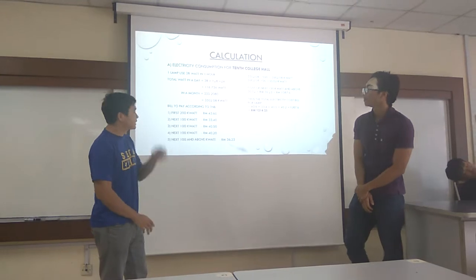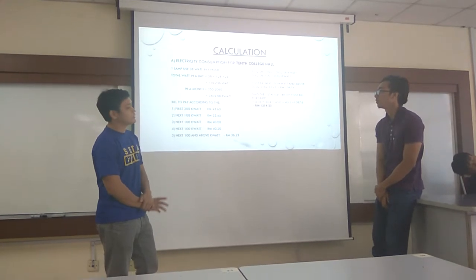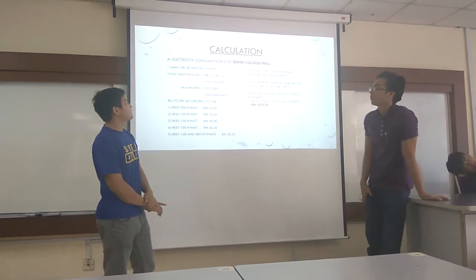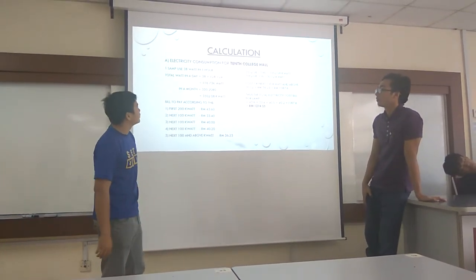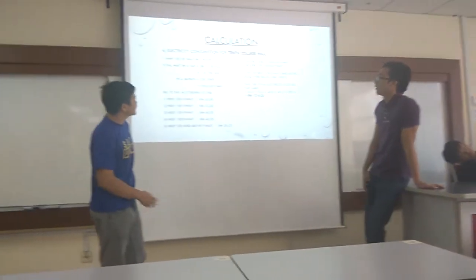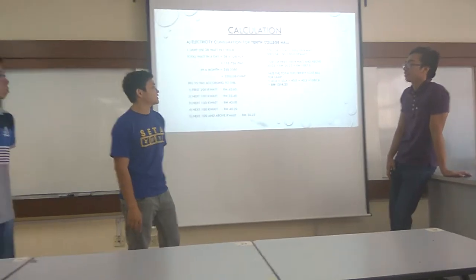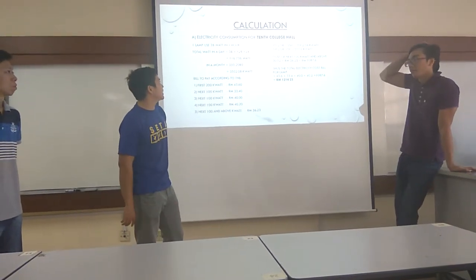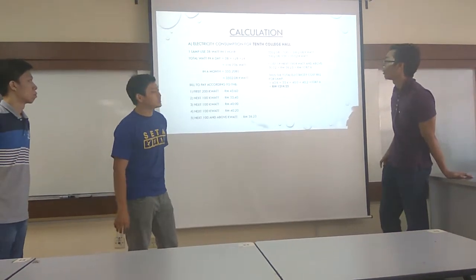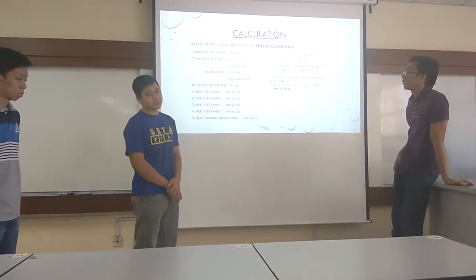So the total energy produced by the hall in a day is 38 times 128 lamps times 24 hours. We got 116,736 watt of energy, and in a month we calculate it by 30 and we got 3,502 kilowatt of electrical energy used.